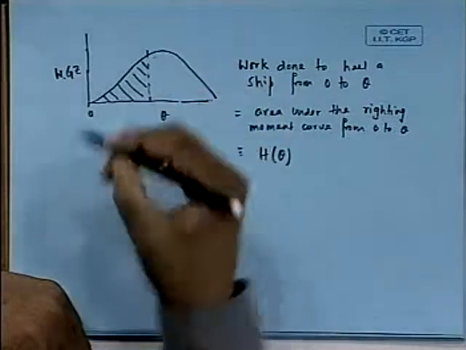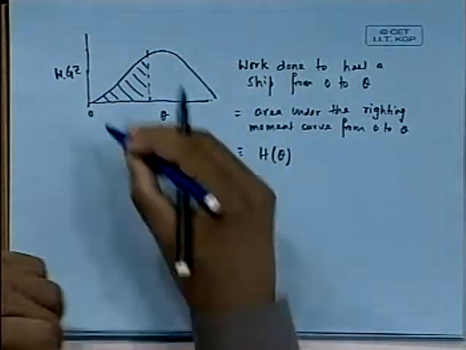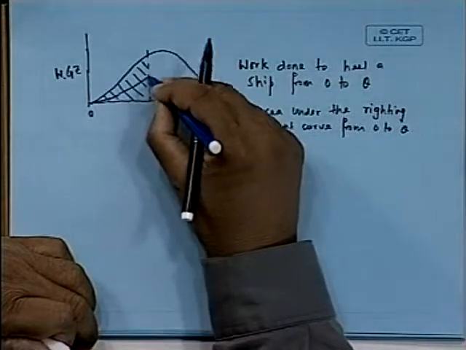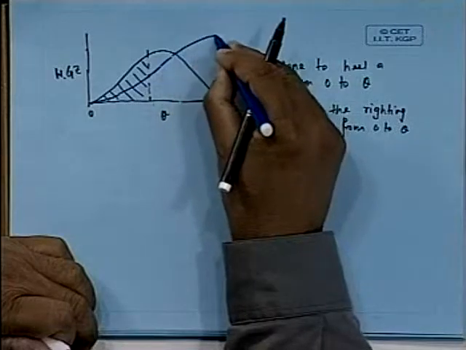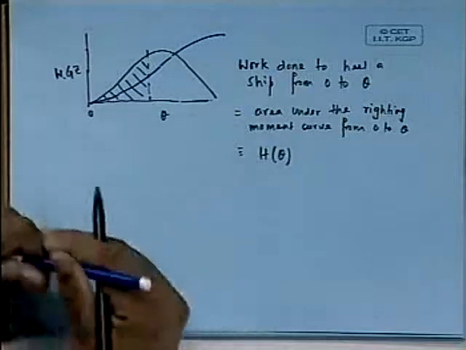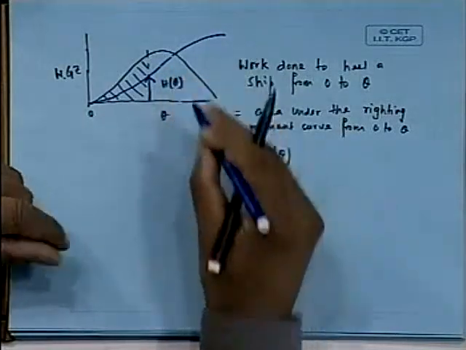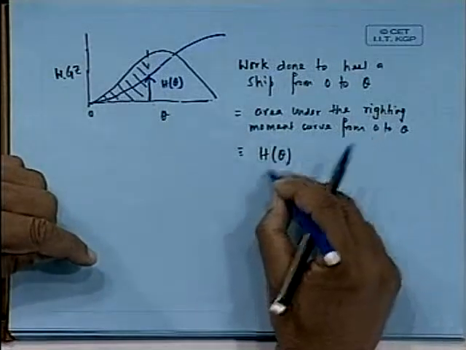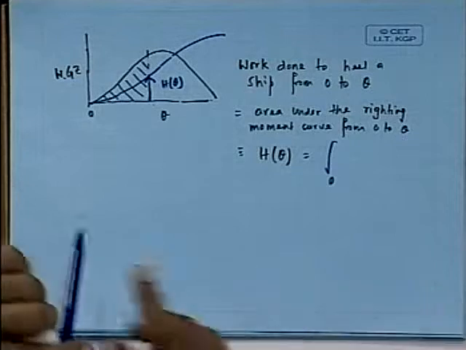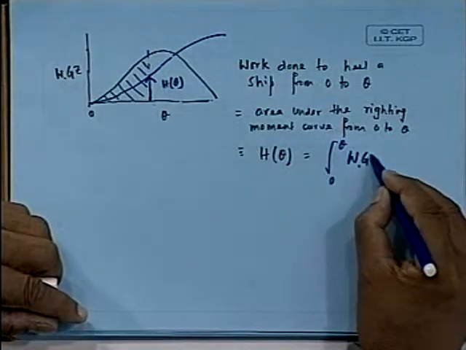So now what happens, therefore, supposing I plot a curve which gives me this, where the ordinate here is my h theta, or h theta is equal to the area under the curve of theta w g.